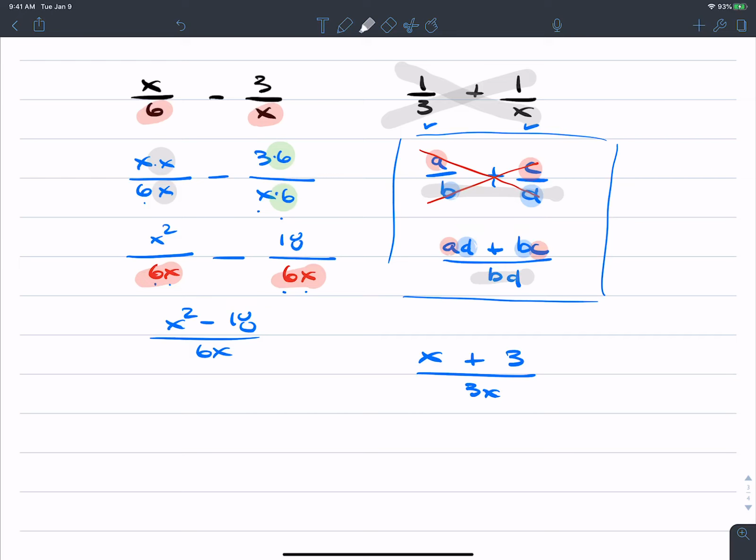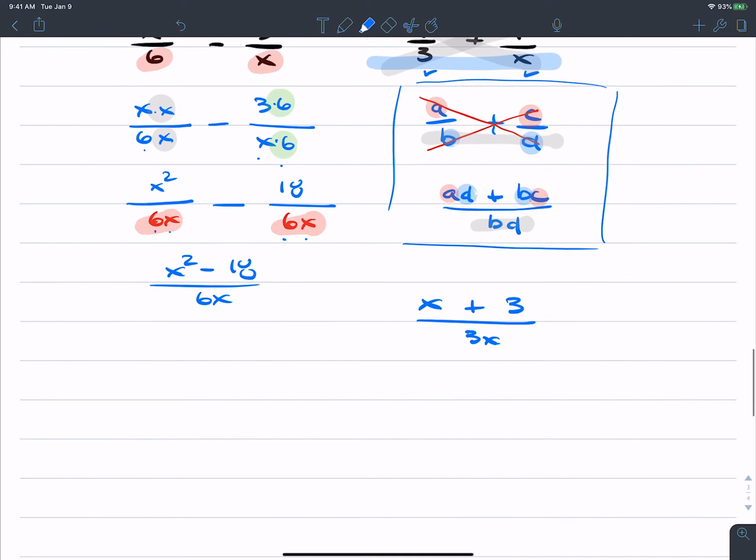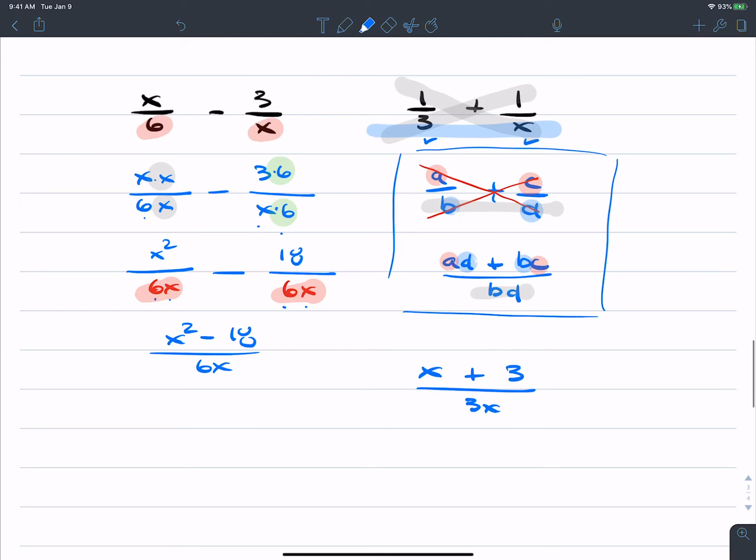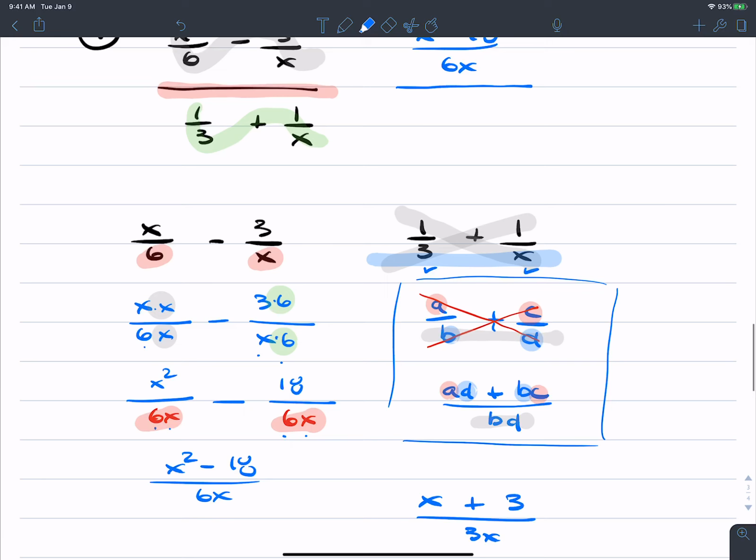This is diagonal cross in gray, and in blue, this is horizontal across. This is how we got x plus 3 over 3x. So here's the shortcut that we talked about in class. You could do either method. Either is fine. x plus 3 over 3x, I'm going to put now here.